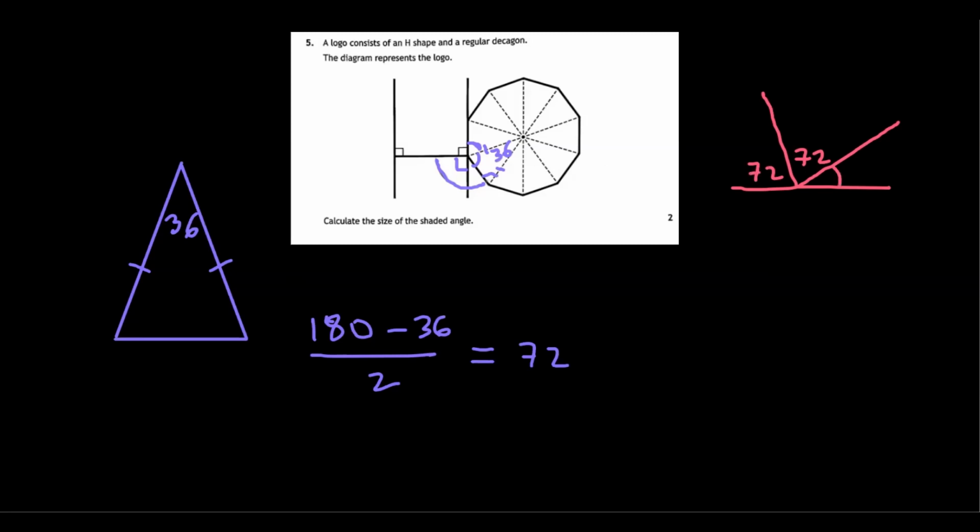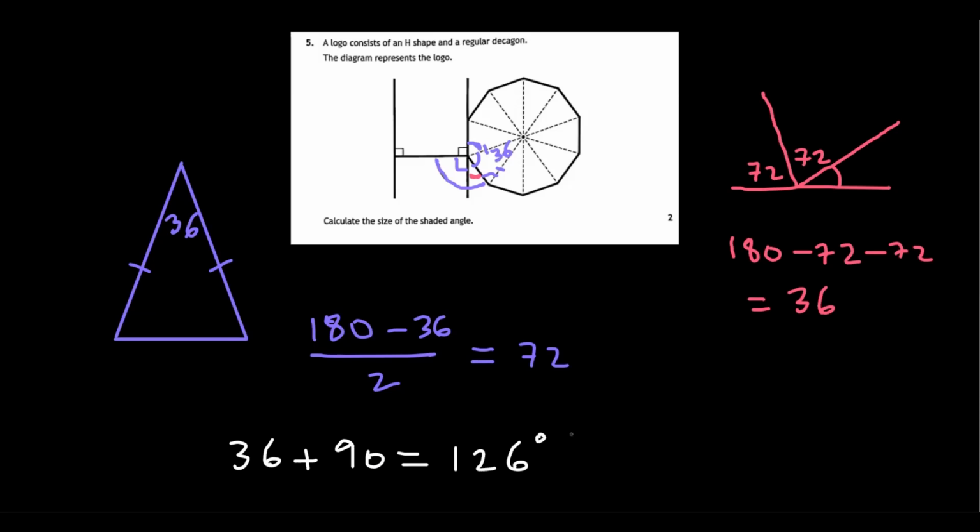So this angle, which is this one here, would just be 180 minus 72 minus 72. And that would be 36. So it would just be 36 plus 90, which is 126.